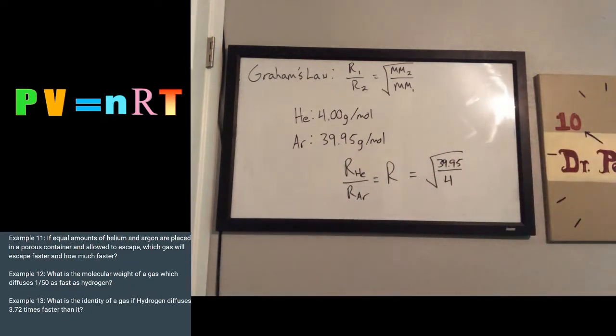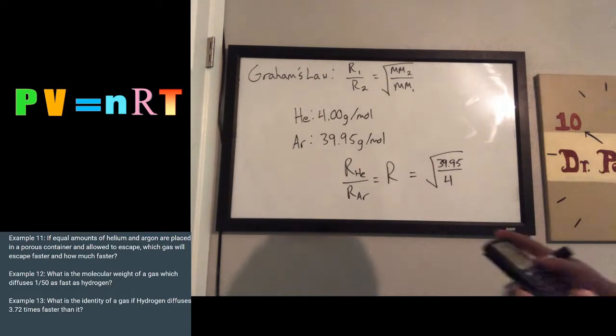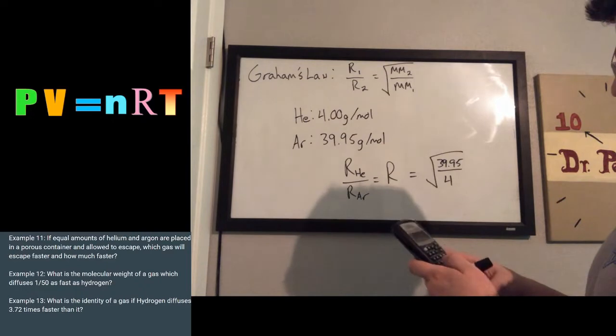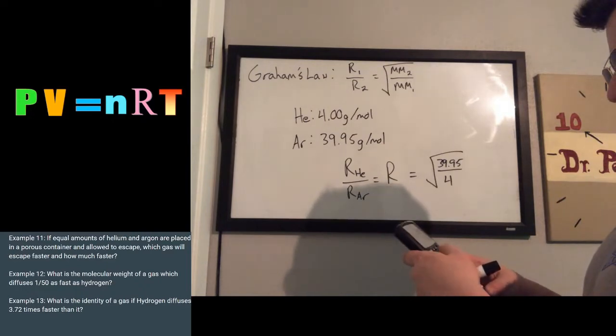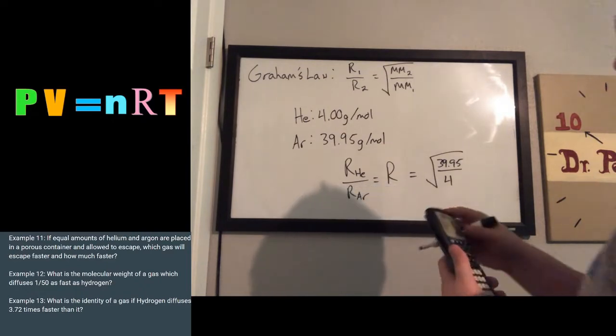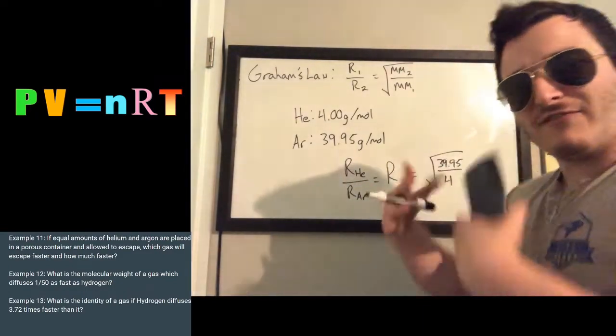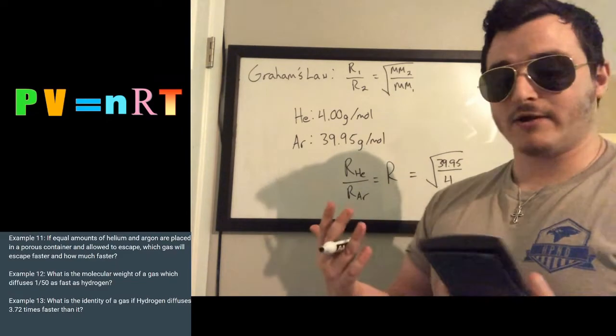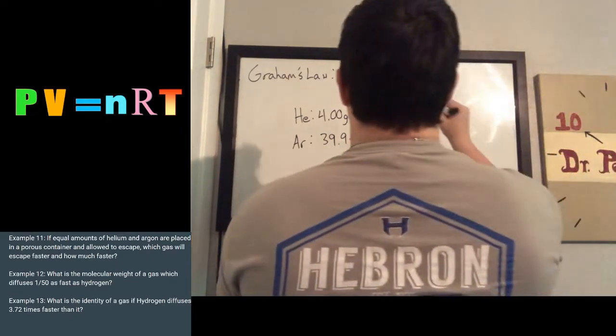And so we plug and chug into the square root. 39.95 divided by 4, and we're going to square root that number. And there's not really sig figs to go off of because you're not actually starting out with a numerical measurement here, so we're just going to give it a couple decimal places.